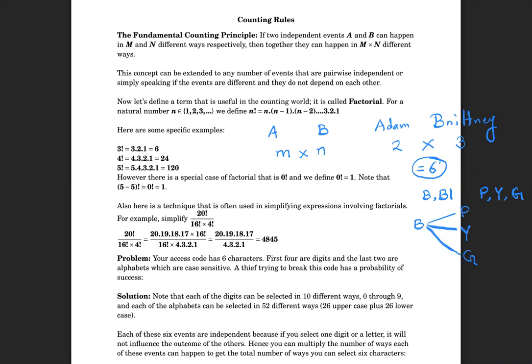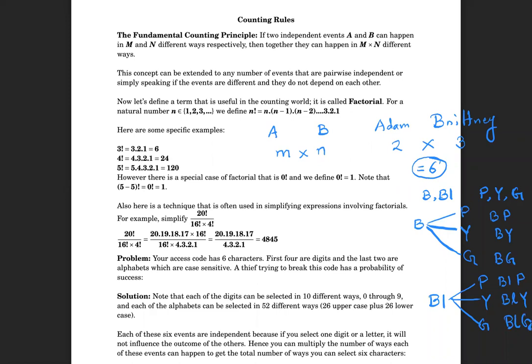So in essence, this becomes B and P, B and Y, and B and G. So three here. Now, on the other hand, if Adam wears a black t-shirt, Brittany can wear pink, she can wear yellow, and she can wear green. So then it becomes black and pink, black and yellow, and black and green.